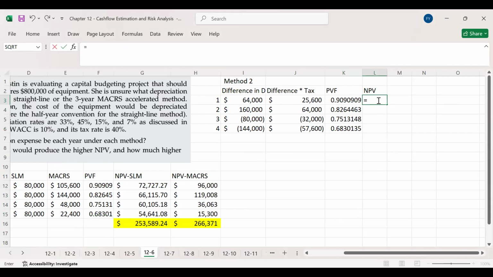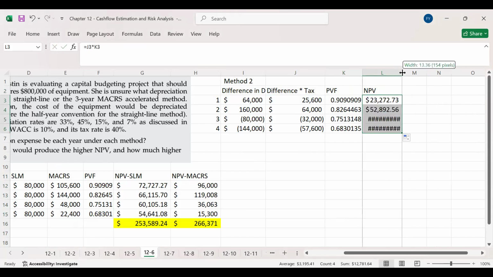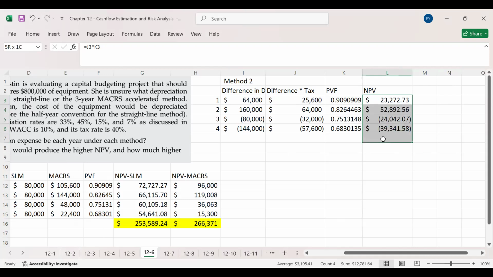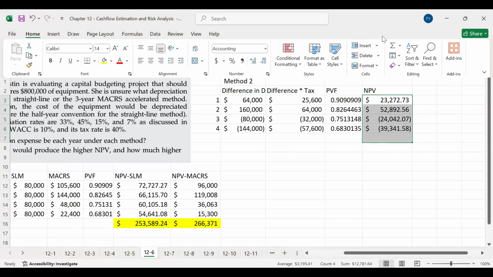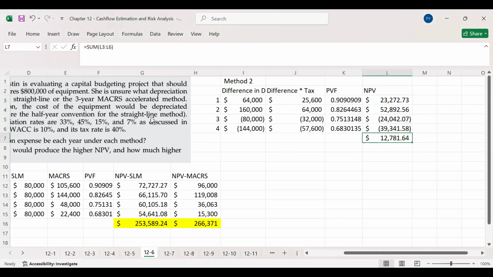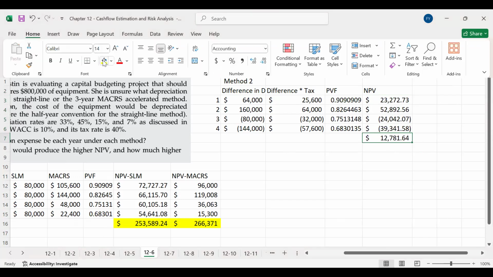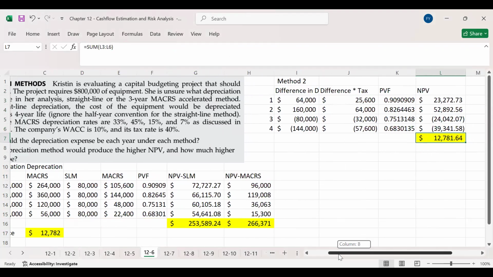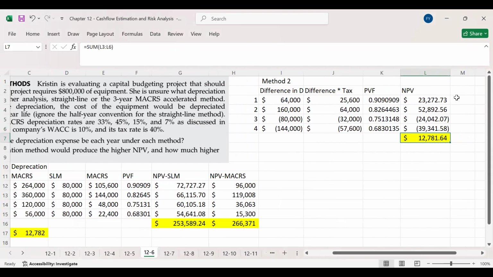So J3 is going to be multiplied by K3. And the next step is to calculate the net present value. So here you can see the difference in the answer. Both answers are the same.